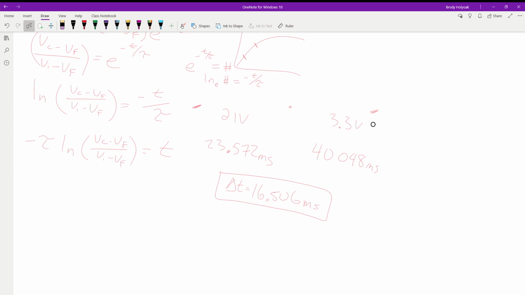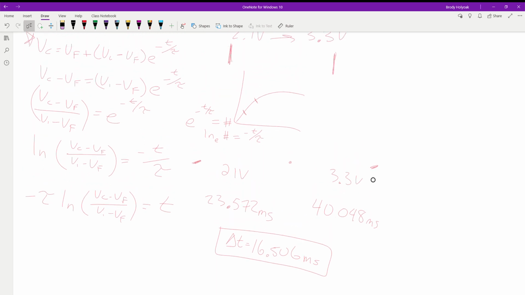Yes. So for the value of the voltage for the capacitor in the equation, where did you get that from? In the final equation that you have to do now, the voltage of the capacitor, how did you find that value? I picked them. That's the 2.1 and the 3.3.